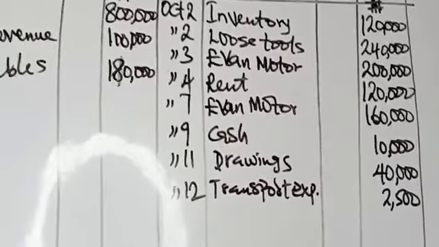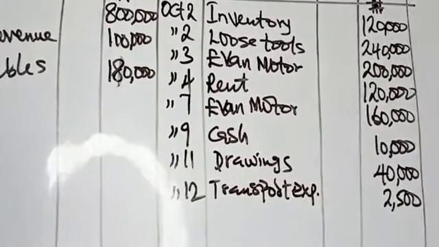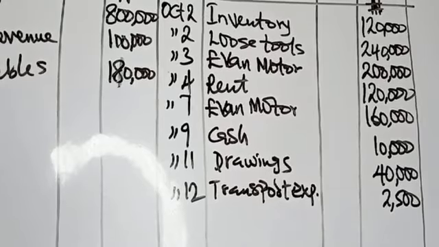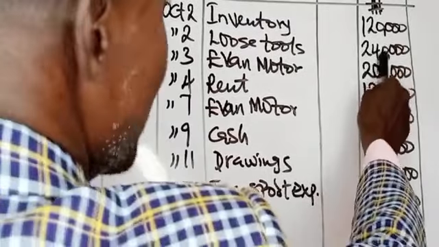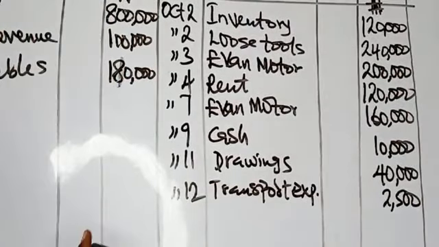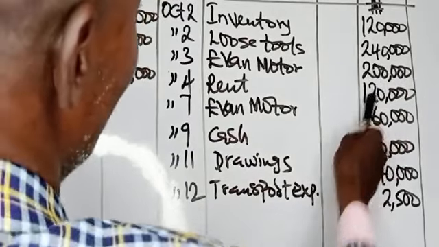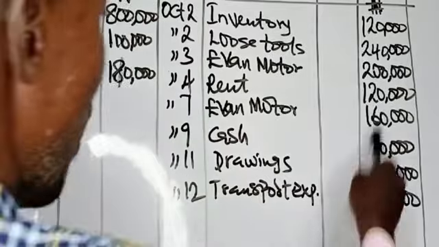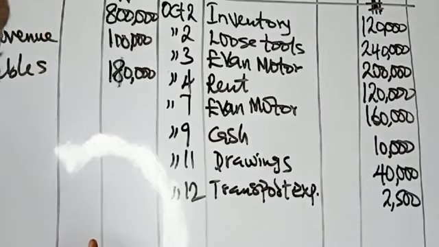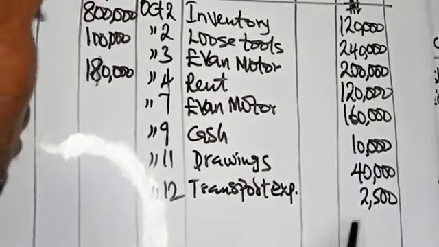The credit side, let's sum it up. 120,000 plus 240,000 plus 200,000 plus 120,000 plus 160,000 plus 10,000 plus 40,000 plus 2,500.